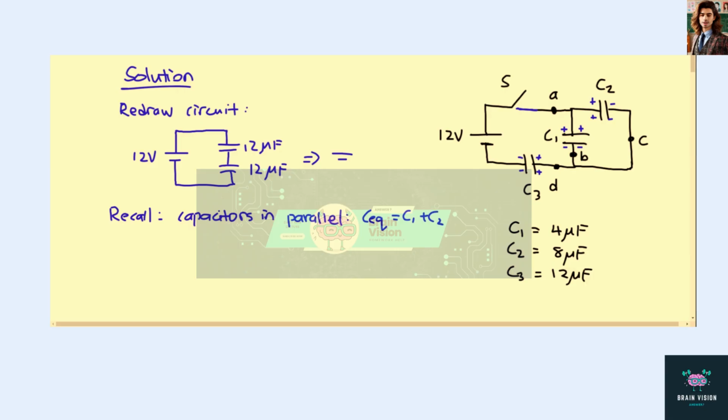For capacitors in series, 1 over C equivalent is 1 over C1 plus 1 over C2. So if the capacitances are the same, you get half of it.